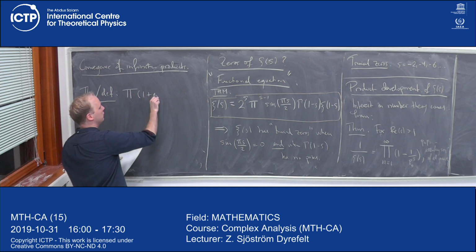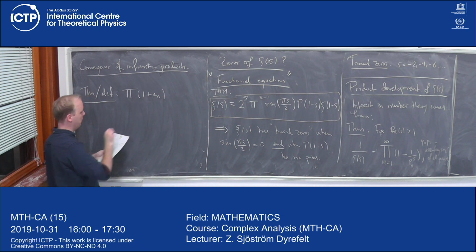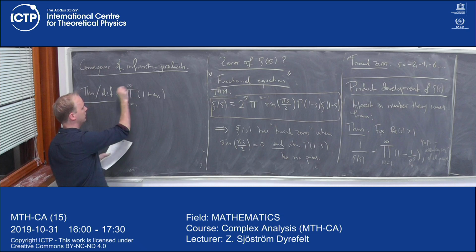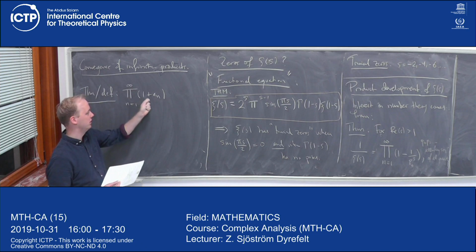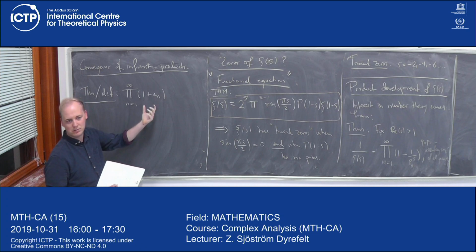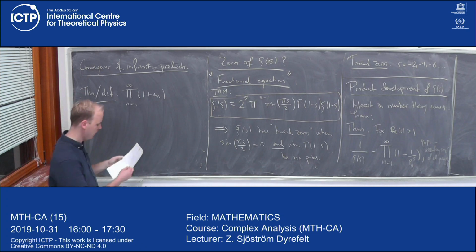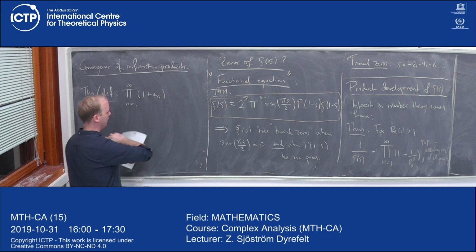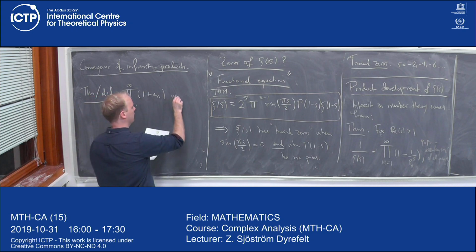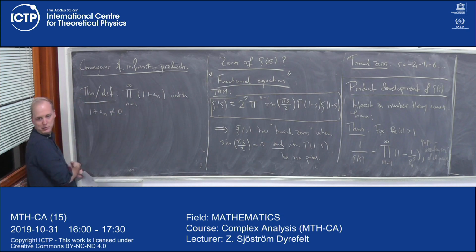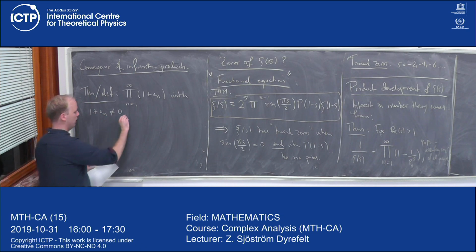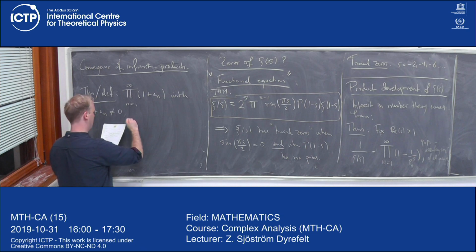Usually you write an infinite product in this form, because then the convergence is related to a_n going to 0. So assuming that we have removed maybe a finite number of factors that are 0, this is said to converge.